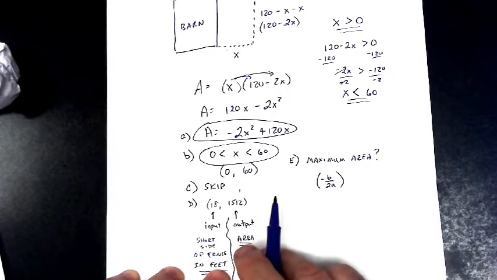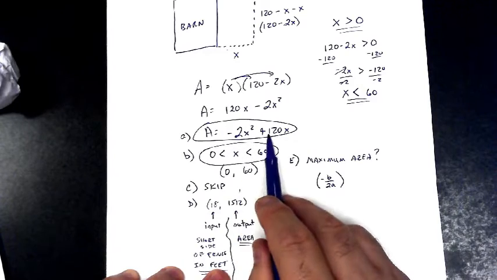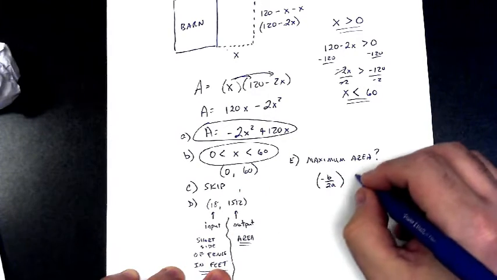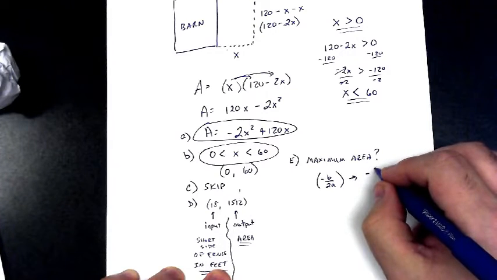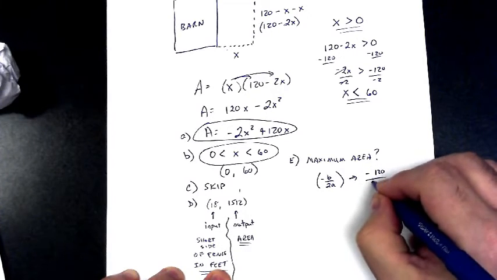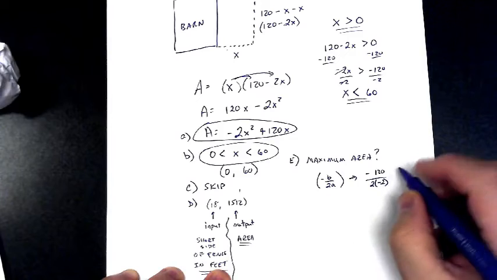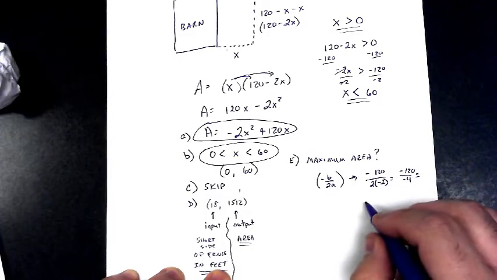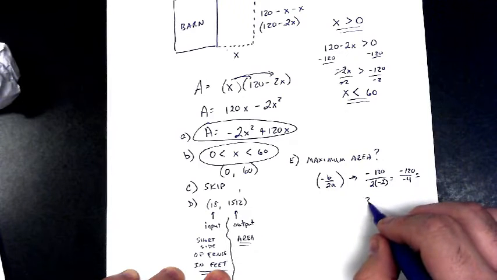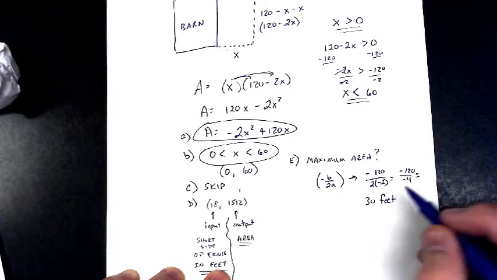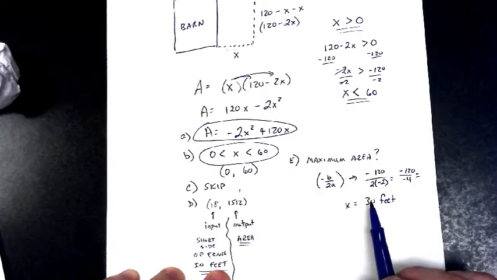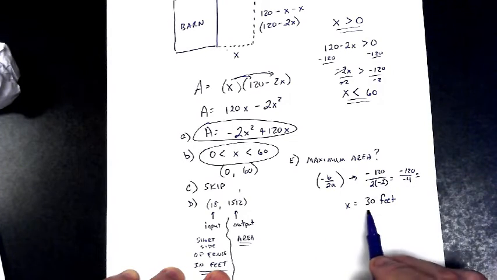So we have a b of 120, we have an a of negative 2, and that will lead you to the input of your vertex, which would be your maximum point here of being 30 feet.